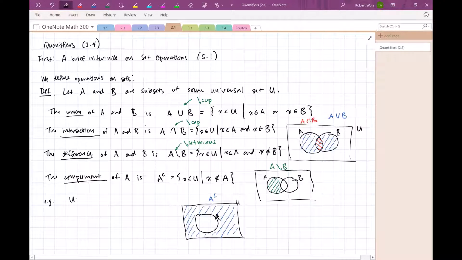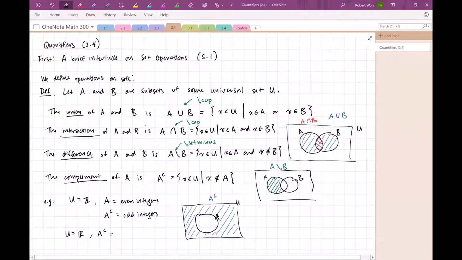For example, if U is the integers and A is the even integers, then A complement is all the integers that aren't even, that's the odd integers. But if U is the real numbers, then A complement is all real numbers without the even integers in them.